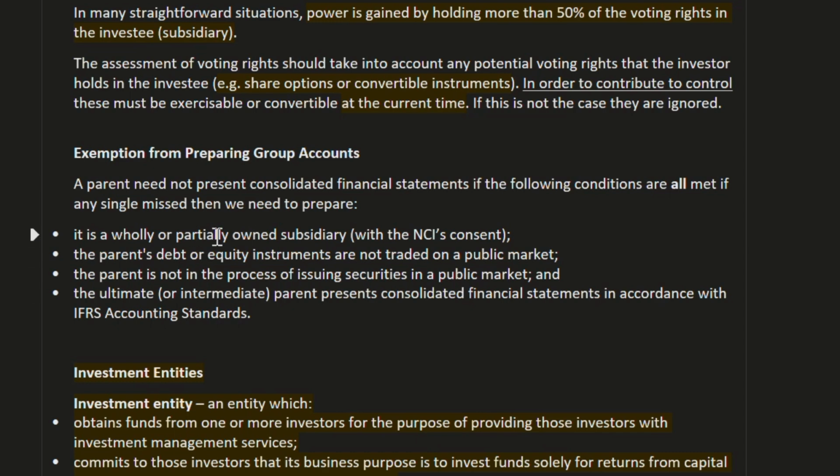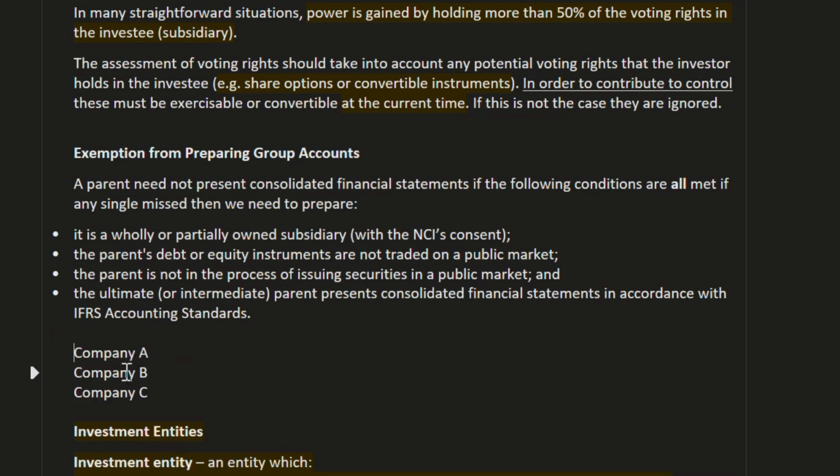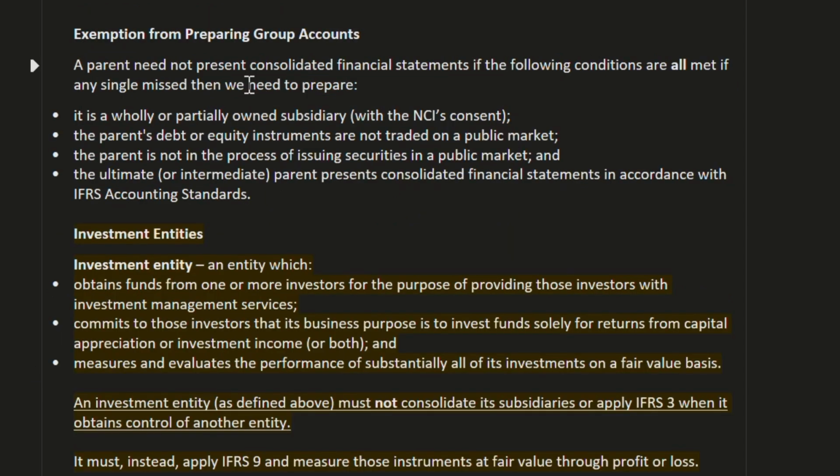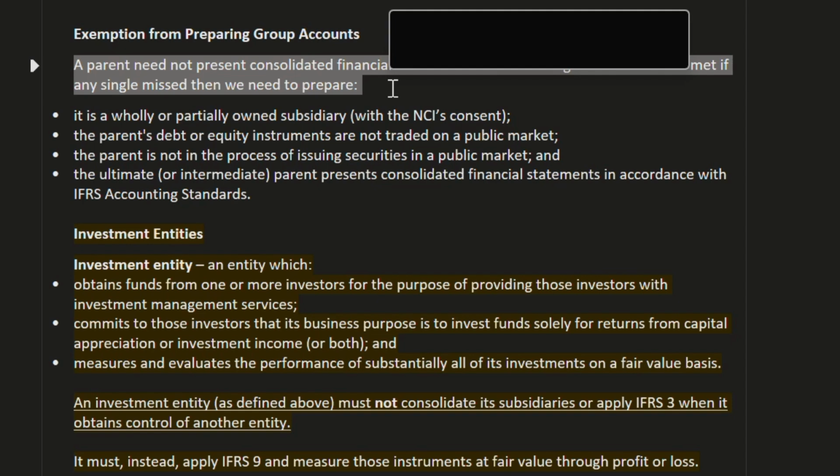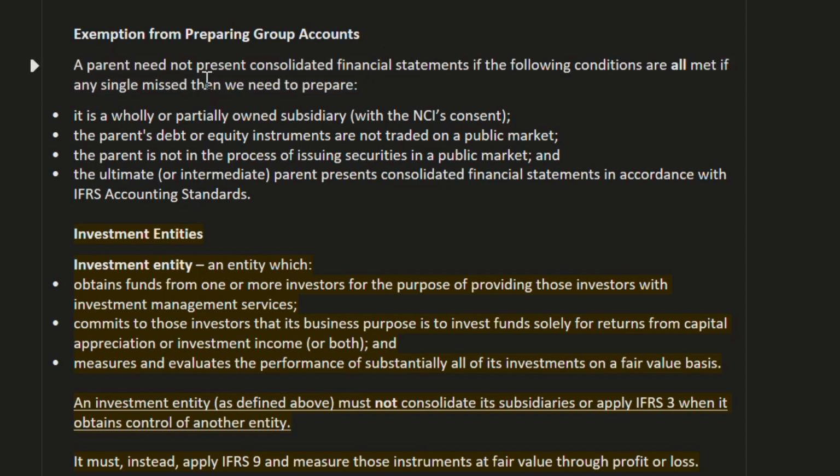For example, company A owns 50% of company B, and company B owns 50% of company C. So for company C, the ultimate parent is company A and the intermediate parent is company B. If all four criteria are met, then the parent need not present the consolidated financial statements. So here the parent will be company B.